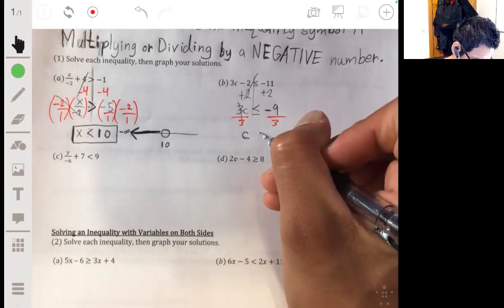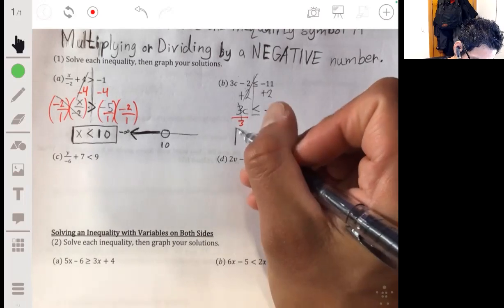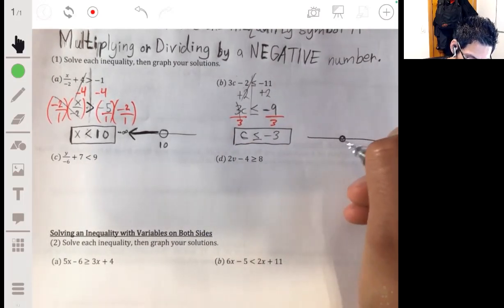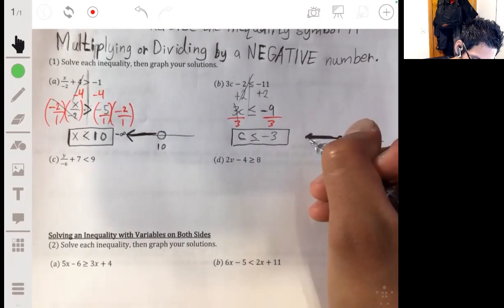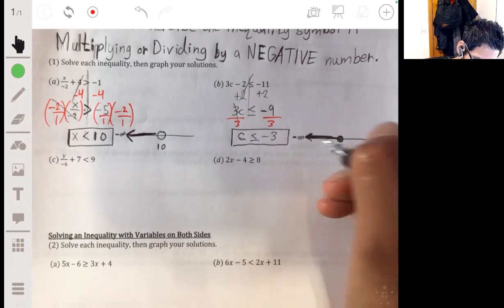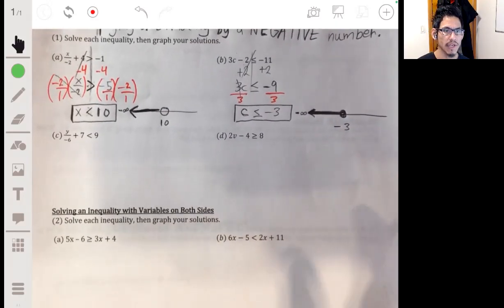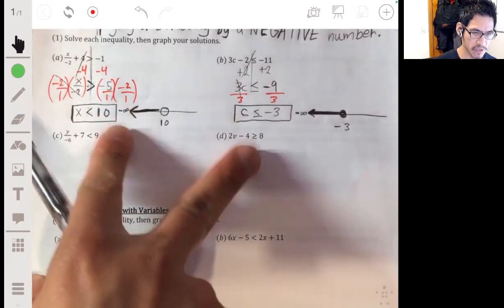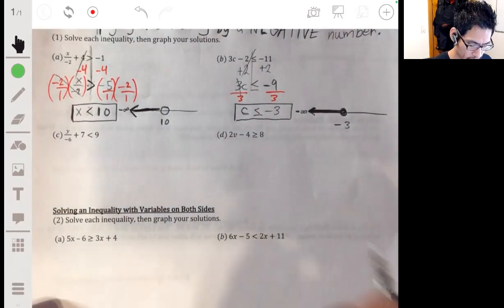So we keep it as c is less than or equal to -3. So number line, closed circle on -3, arrow to the left, towards -infinity. And again, when you're going through these, try to pause the video and give yourself a chance to go through the problems ahead so you can see if you're catching on to it.